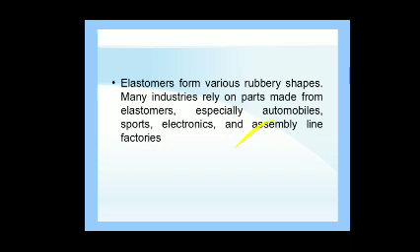Elastomers form various rubbery shapes. Many industries rely on parts made from elastomers, especially automobiles, sports, electronics, and assembly line factories.